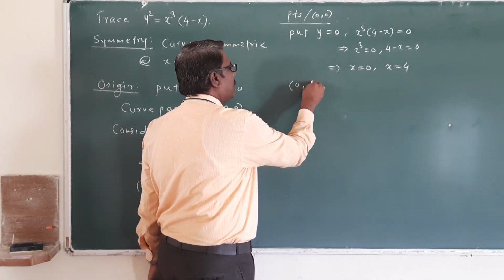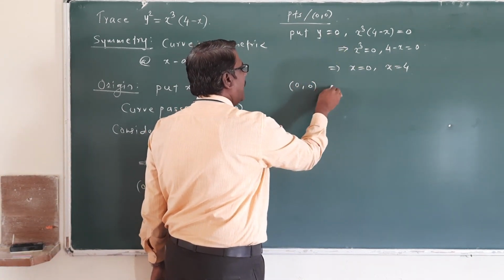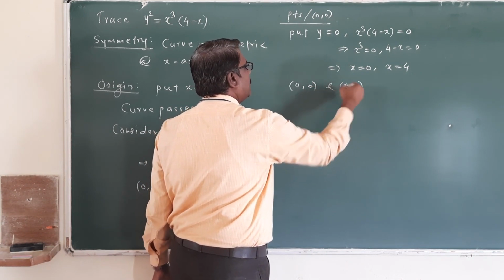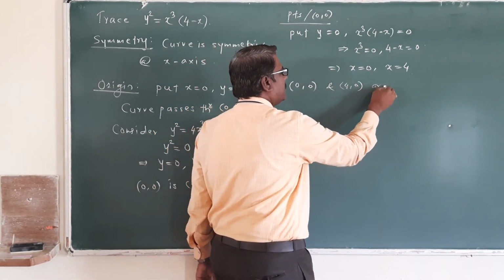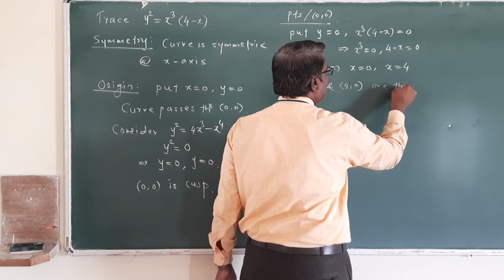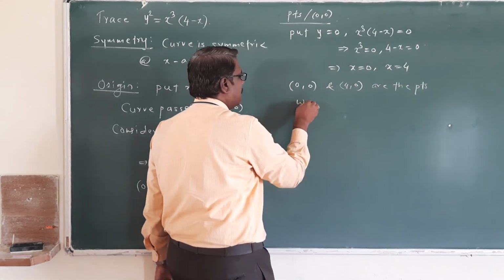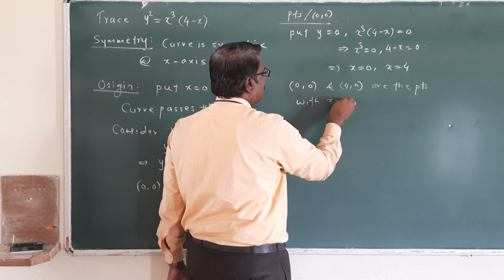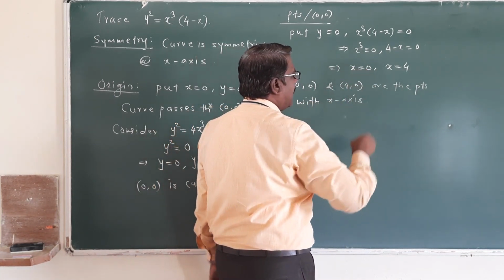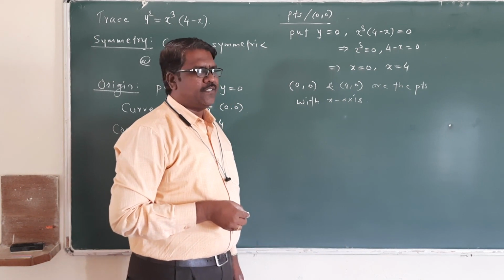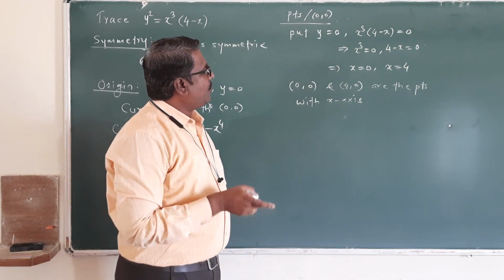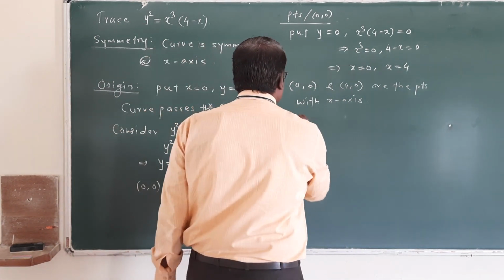So 0, 0 and 4, 0 are the points with x-axis. Now to get the point on y-axis, what do we do?